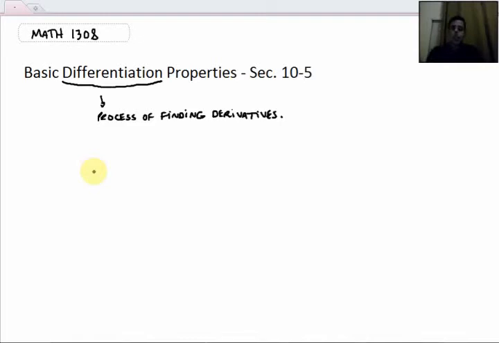Now, you remember in the previous section how tedious it is to find the derivative using those four steps. We have to find the rise, so you put f of x plus h, then minus f of x, and then divide the whole thing by h.